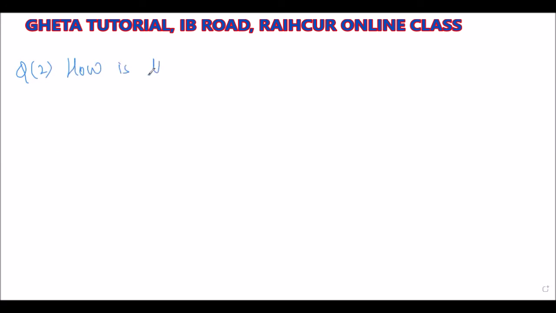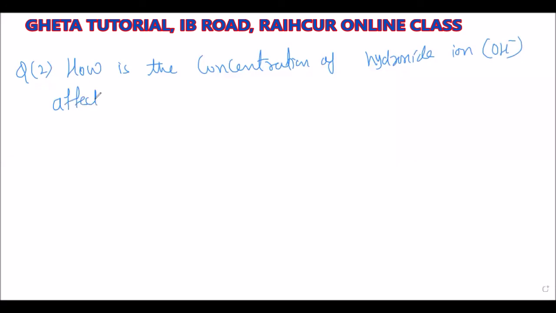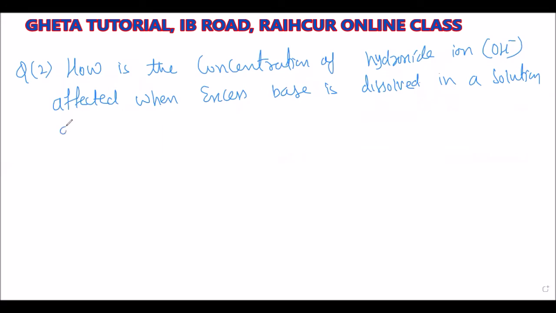How is the concentration of hydroxide ion, that is OH minus ion, affected when excess base is dissolved in a solution of sodium hydroxide?